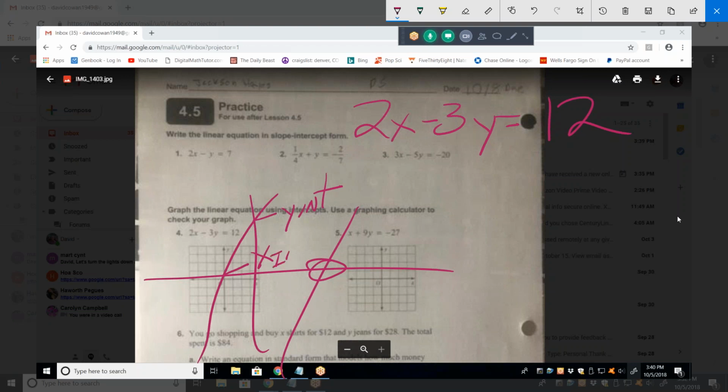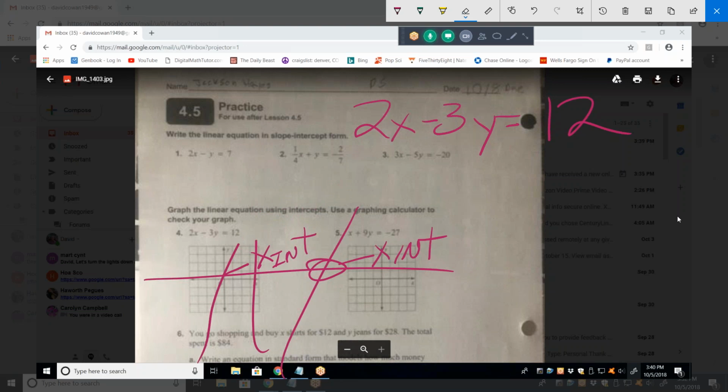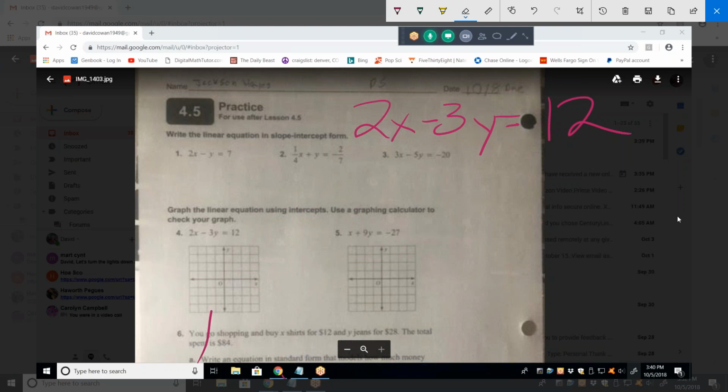In the first case, all I had was an x-intercept. So, we know that this is going to be some straight line. Every one of these equations is a linear equation, which means it's a straight line.